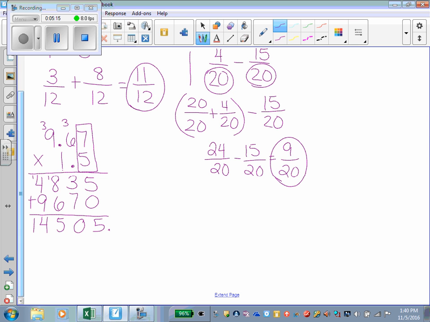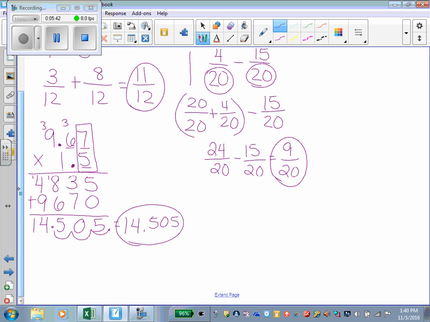It's hiding behind the last digit, and we count the digits behind our decimals in the problem. So we have 1, 2, 3 digits behind the decimals. We're going to move our decimal 3 places. 1, 2, 3. So our answer is 14 and 505 thousandths.